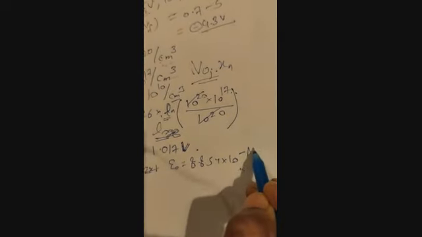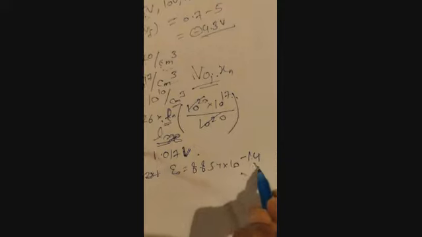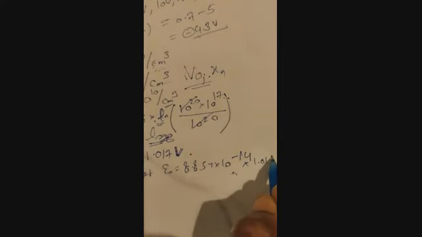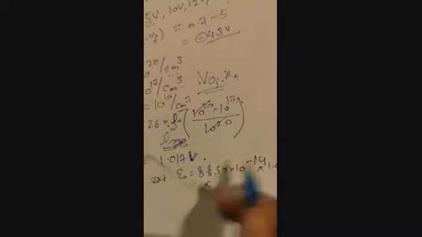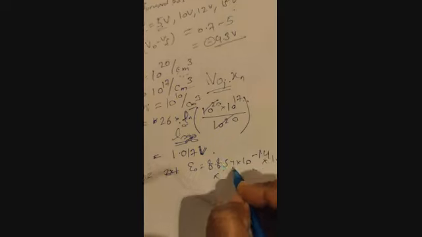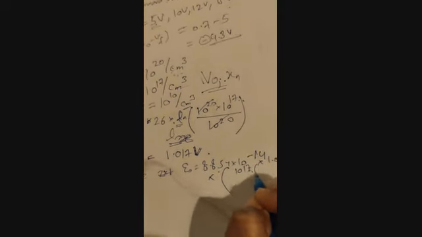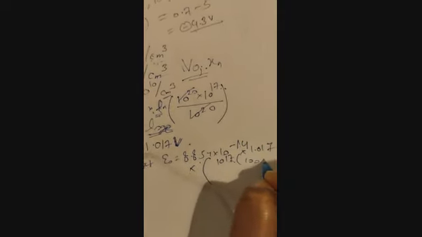So it should be 10 to the power minus 14. Now 1.017 is the voltage, the contact potential.